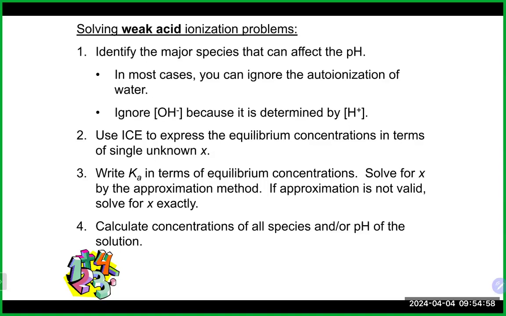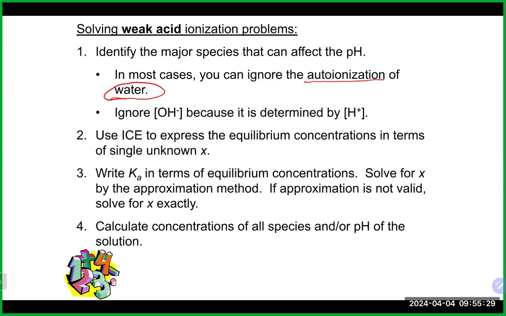In most cases, we can ignore the auto-ionization of water, and we pretty much will do that. In certain problems and certain books, they will say the H plus concentration just from water itself is greater than the acid or base you put in there. We're going to ignore any contribution from water affecting the pH.